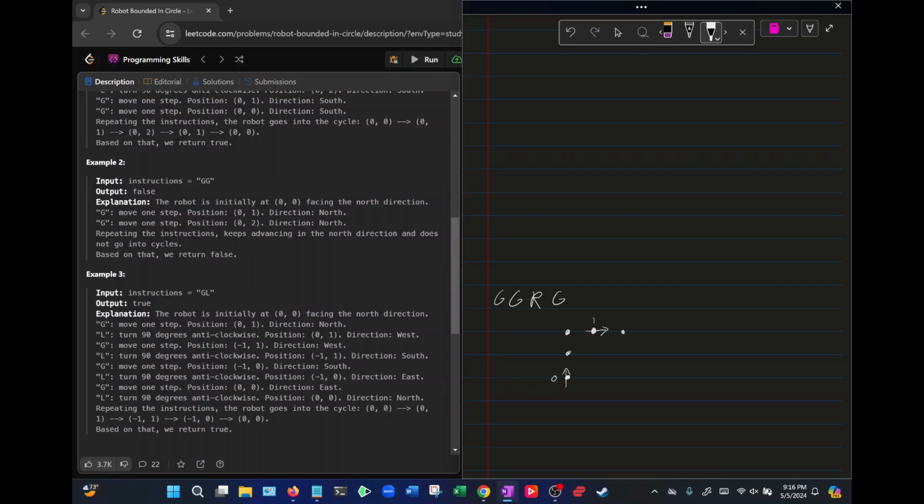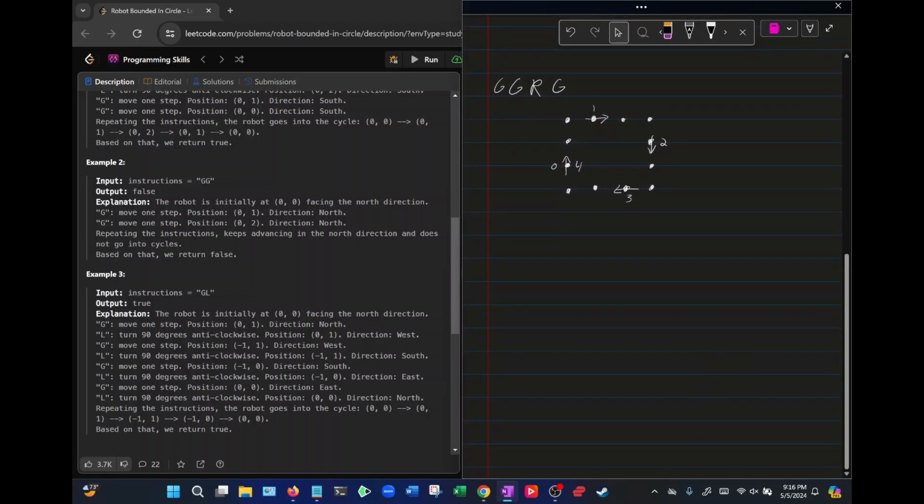Then you go forward, forward, turn right, go down. You're facing this way. This is after step 2. Then go forward, turn right, go forward, facing this way. This is step 3. Then go forward, turn right, go forward. This is step 4, and you're back at the origin. So this is a circle.